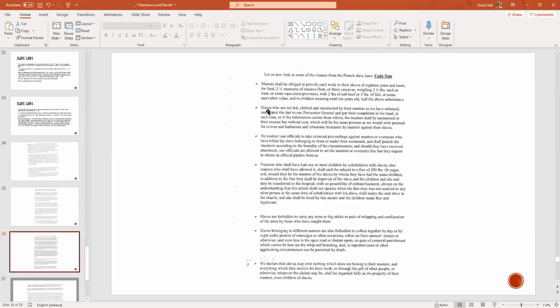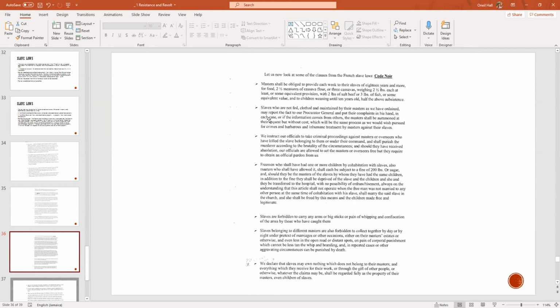Slaves not fed, clothed, and maintained by their masters, as we have ordained, may report the fact to our Procurator General, their complaints in his hand.